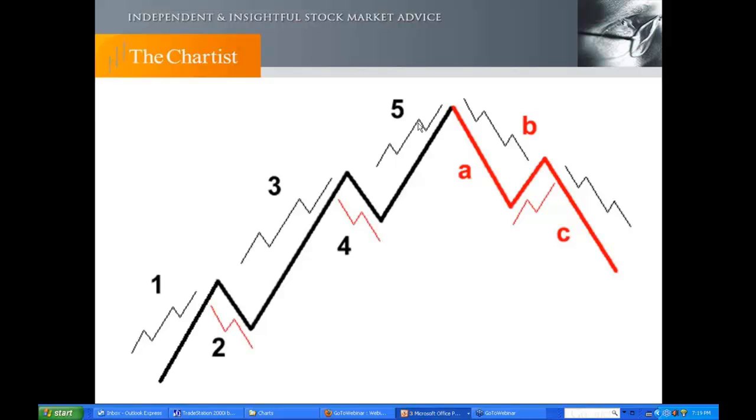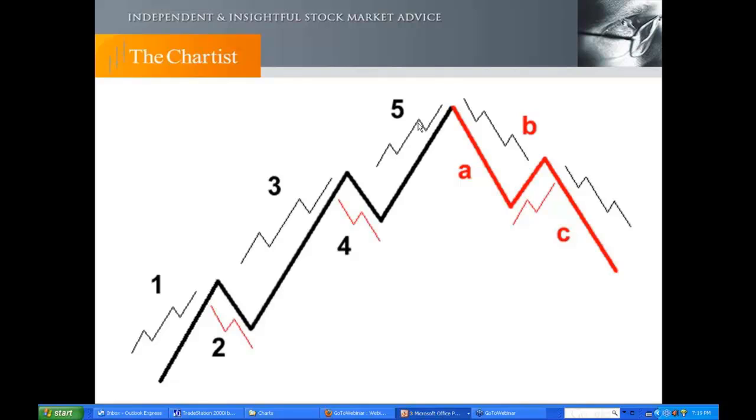But I'll show you how to pick them up, because sometimes those distinctions will actually occur on an intraday basis. What a lot of people tend to do, and I don't, is look at an end-of-day chart for the bigger wave counts and break it down into the smaller degree patterns using intraday charts. And when we go down to intraday charts, the patterns stand out a lot more.